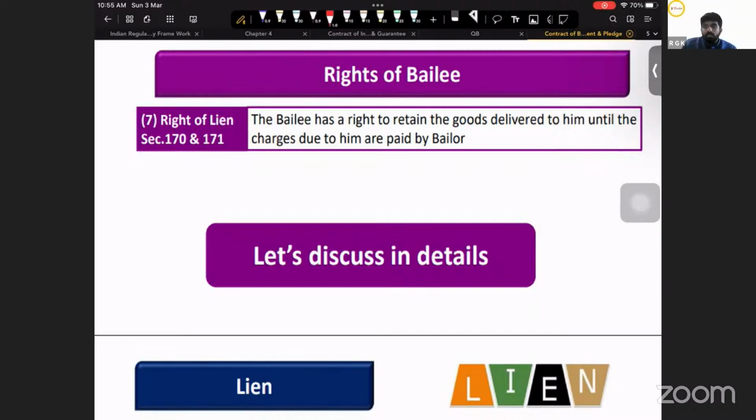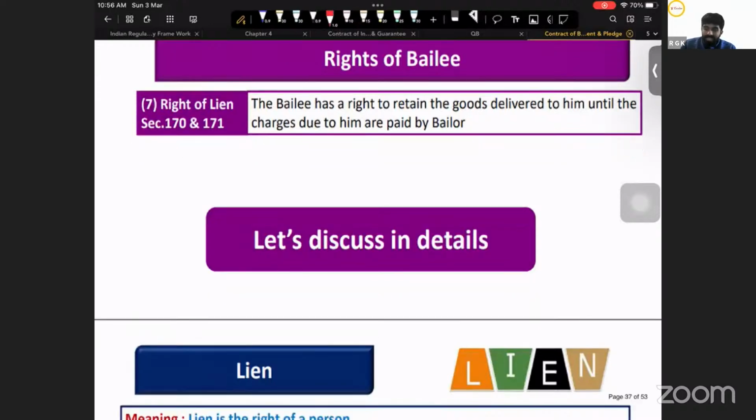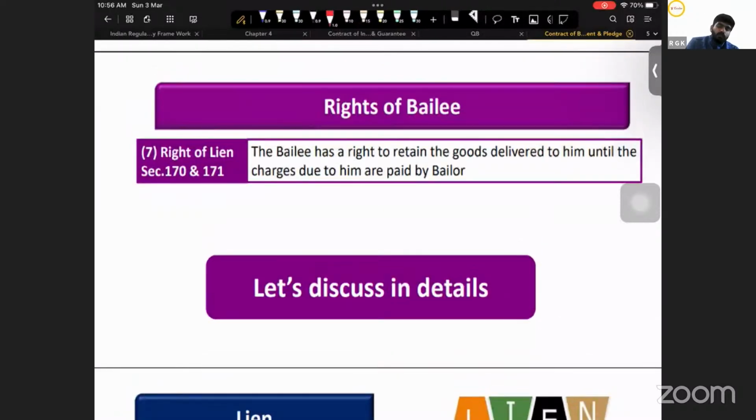This is what is called lien. Now, in case of bailment, what exactly do we mean by the right of lien, and when can it be exercised?